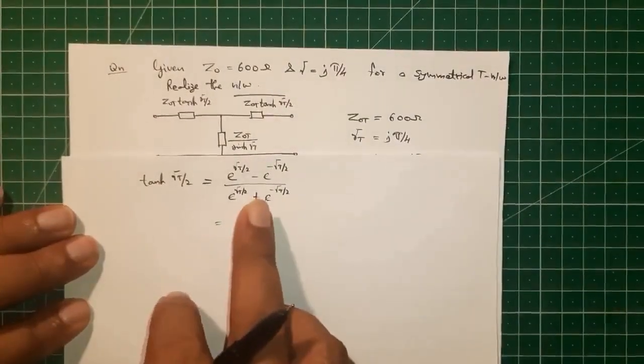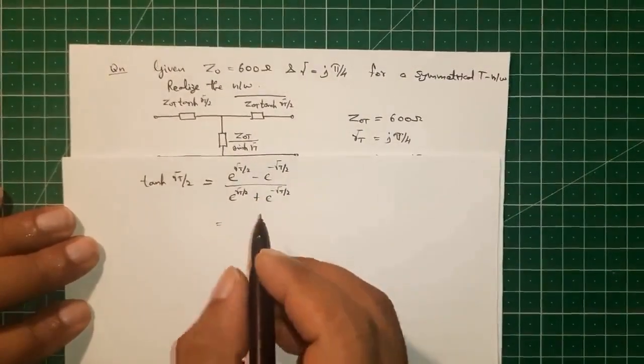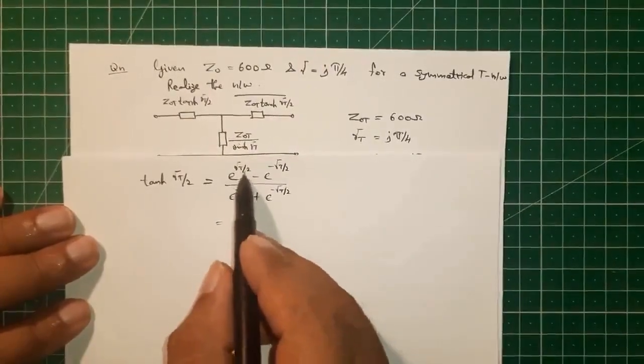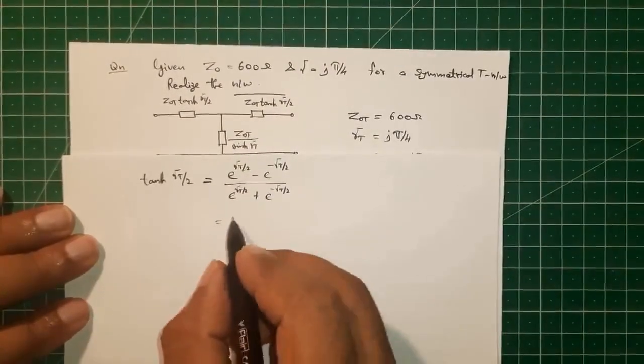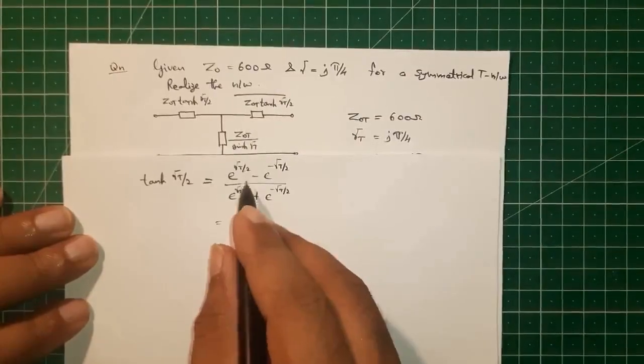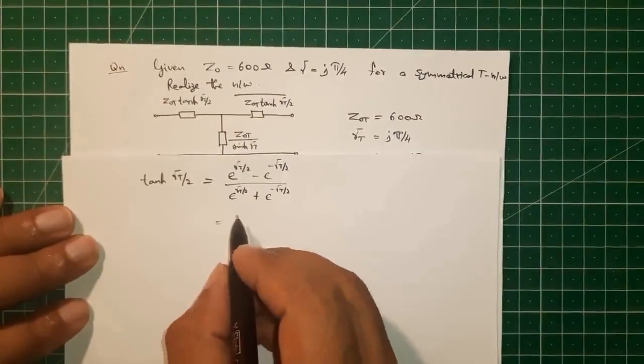So what is this e power gamma t by 2? The angle is halved here. So half of 45 degree will be 22.5 degree.